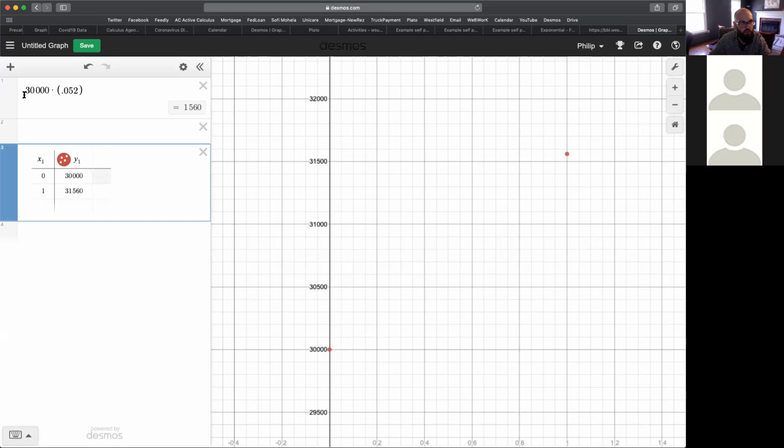Our formula was 30,000 times 0.052, and then we added 30,000 to that, and that's how we got our number. What would we do if we got a 2-year deferral? At the end of our first year, we owe 31,560. At the end of year 2, what are we going to owe?